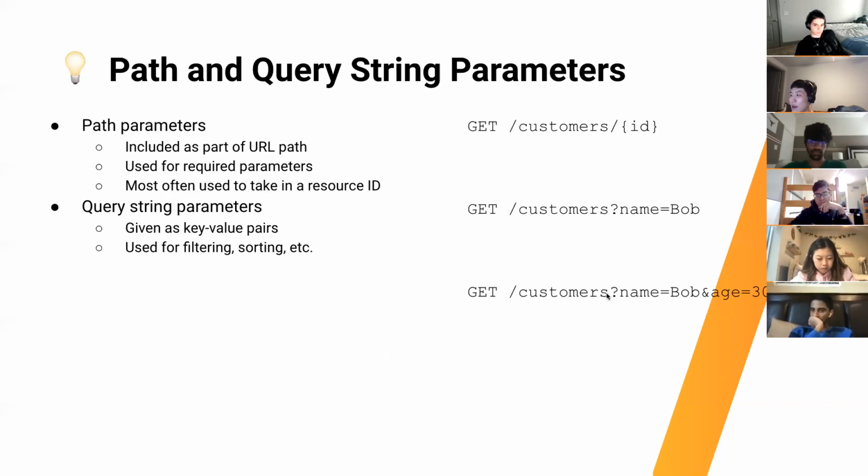So this one would get all the customers whose name is Bob and whose age is 30. But the key thing about query strings is that they're optional. The request usually should make sense if you didn't have certain query strings and you had others.